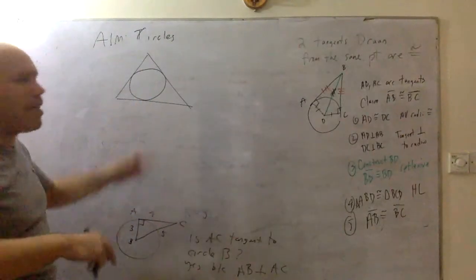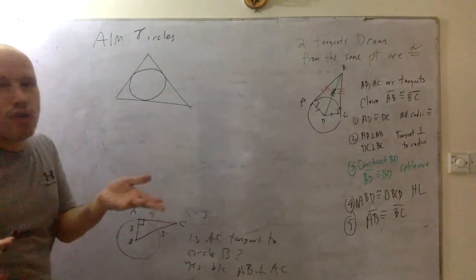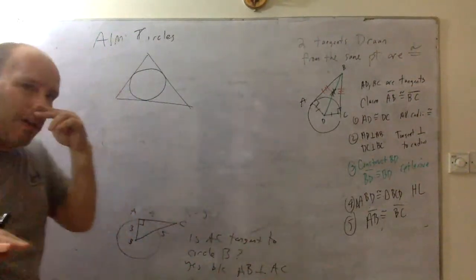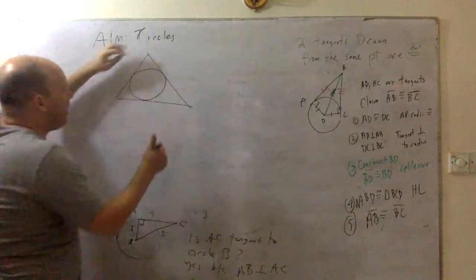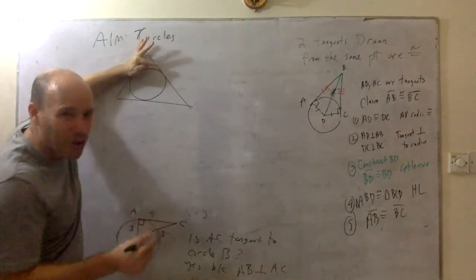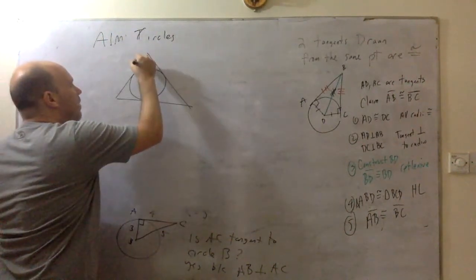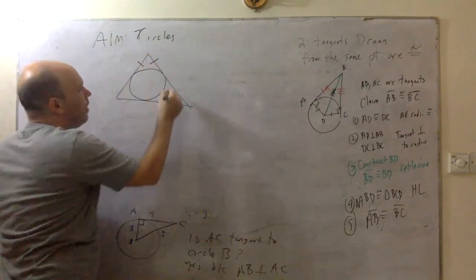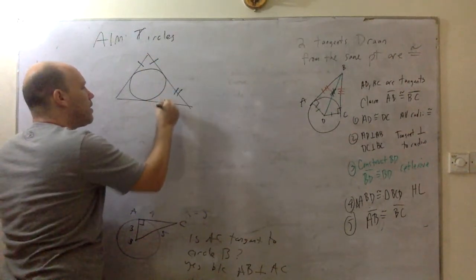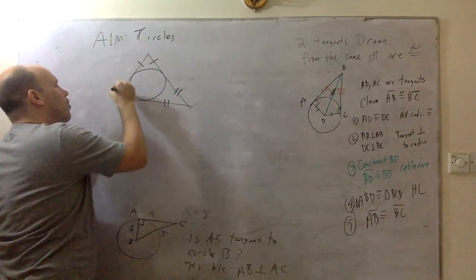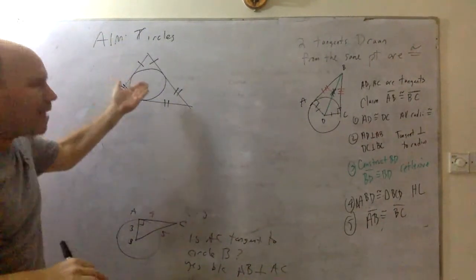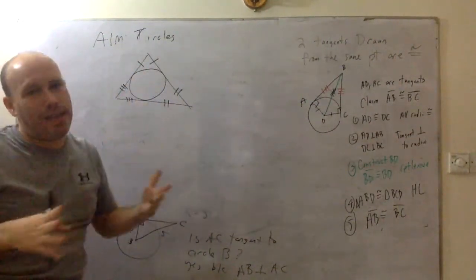And what you notice in these fun little questions, maybe they show up on the SAT, is that these are all tangents to the circle, and now you can say that this segment is congruent to this segment, and this segment is congruent to this segment, and this segment is congruent to this segment. That was the point of these, that's the idea.